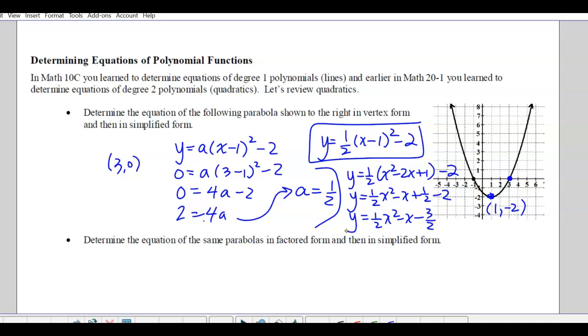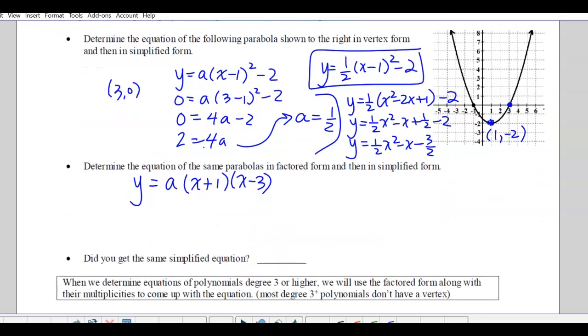All right, so determine the equation of the same parabola, not parabolas, same parabola in factored form and then in simplified form. Okay, so you can take a look. Your x-intercepts there are negative 1 and 3, so some a value, x plus 1, x minus 3, and then do the same thing, substitute a point in.